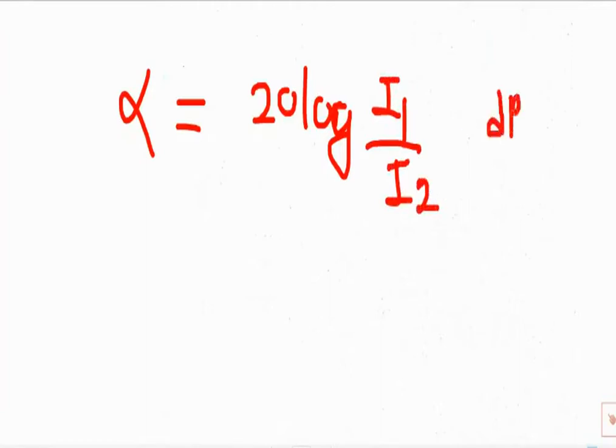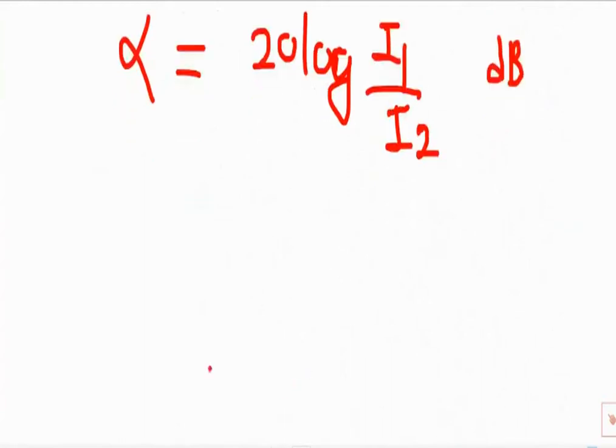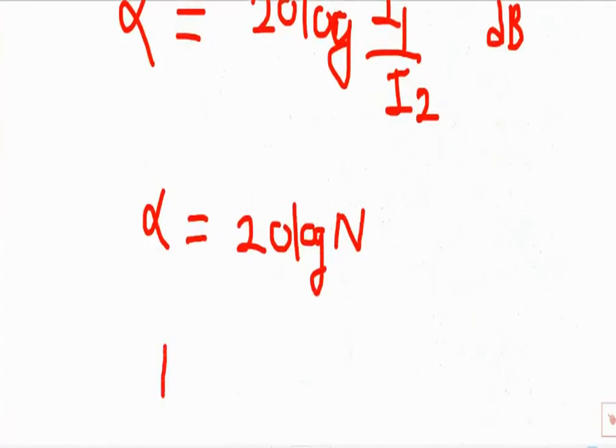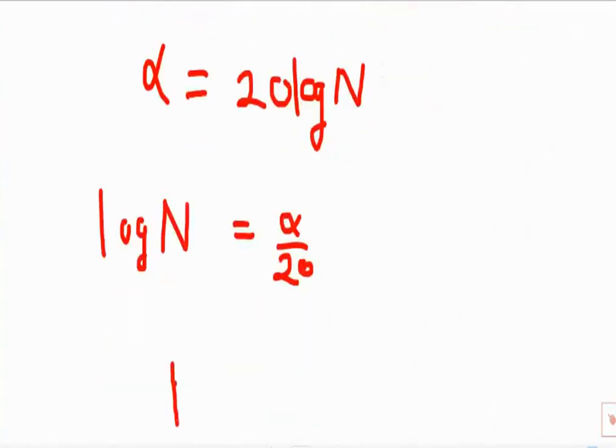But what is I1 by I2? I1 by I2 is nothing but our capital N. So alpha is 20 log N, so log N comes out as alpha by 20, and N equals anti-log of alpha by 20.